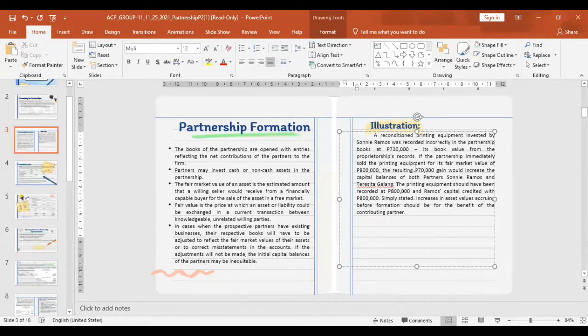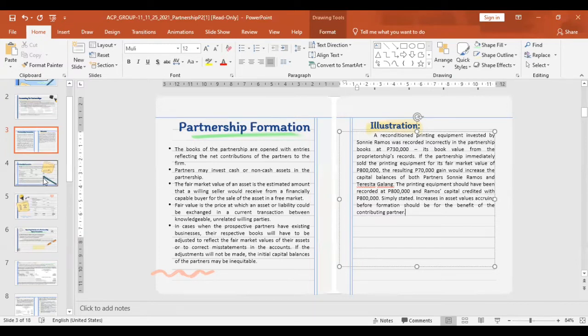So yung gain na 70,000 mapupunta lang mismo kay Sonny Ramos. Wala nang hati si Teresita Galang doon. Nagigets niyo ba? So, yun, ganun lang yun. Kumbaga, kung may kulang dun sa partner mo, na error yung pag-record nyo, kung meron kayong gain na makukuha, una siyang mabibigyan. Kung may natira, yun yung hahatiin nyo.